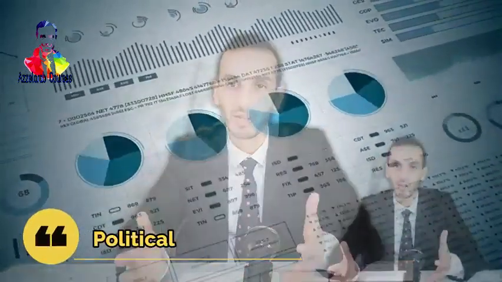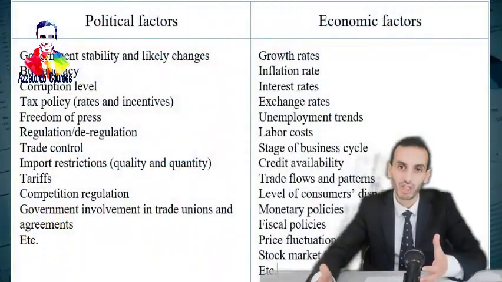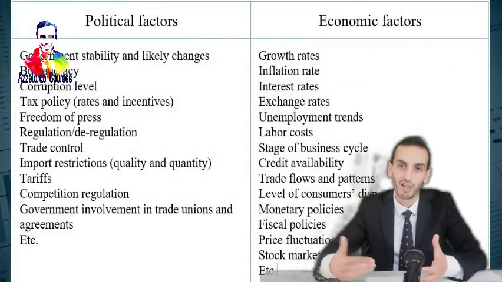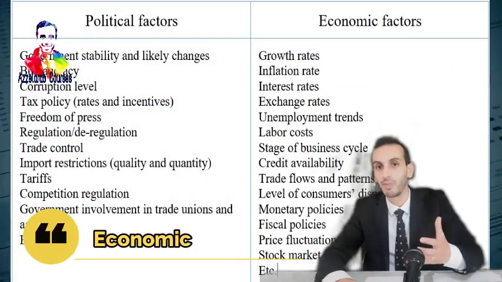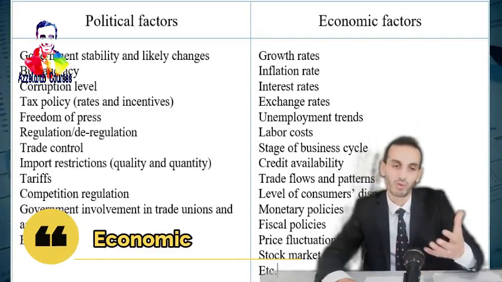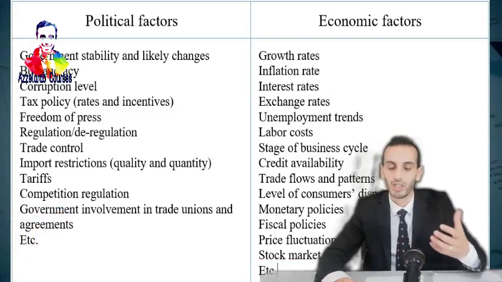For political, we can study, for example, government stability, taxation policy, foreign trade regulations, and welfare social policies. For economic, we can study the GDP, gross domestic product, and also GNP, gross national product.